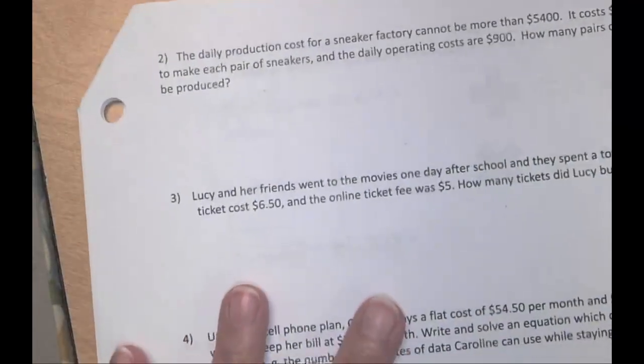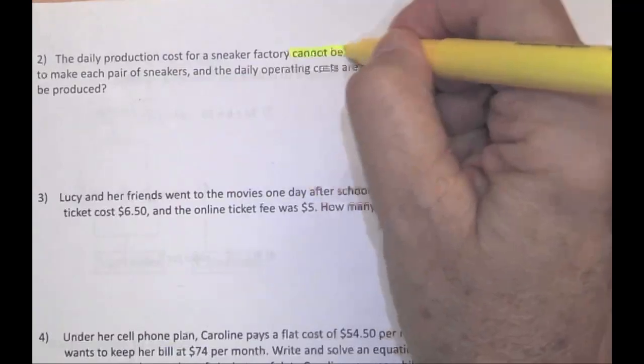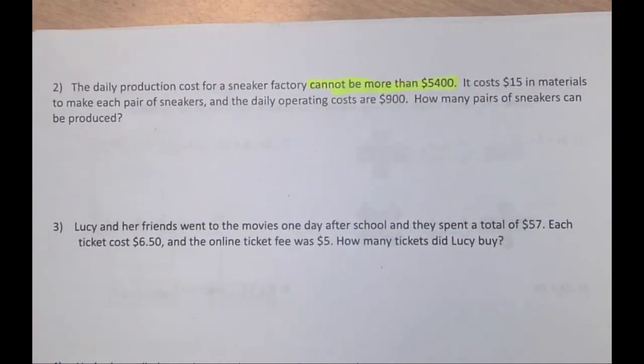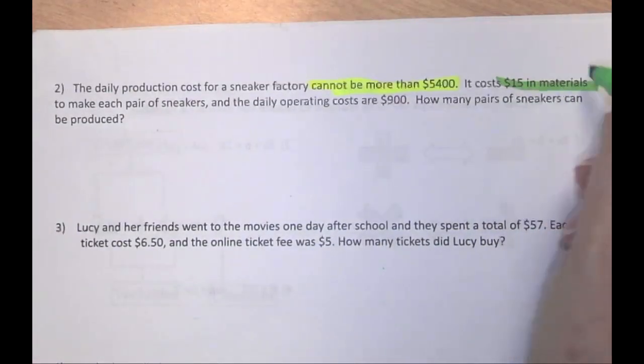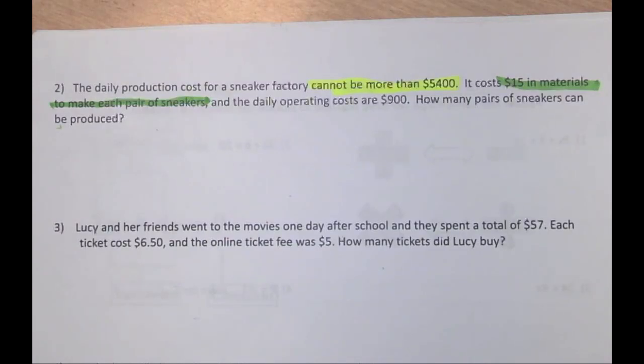We're only going to look at a couple more. So let's look at this first one. The daily production cost for a sneaker factory cannot be more than $5,400. It costs $15 in materials to make each pair of sneakers.